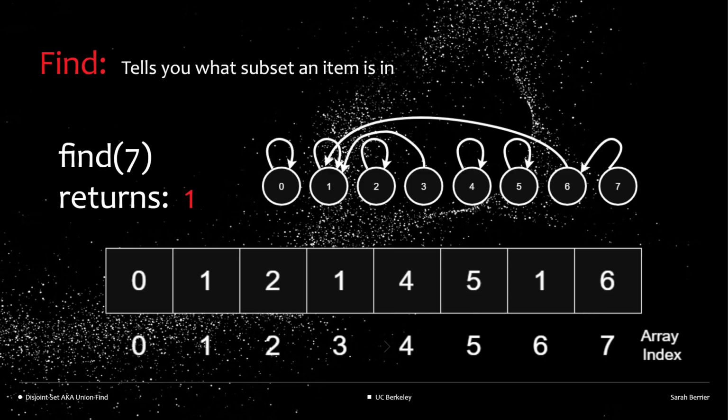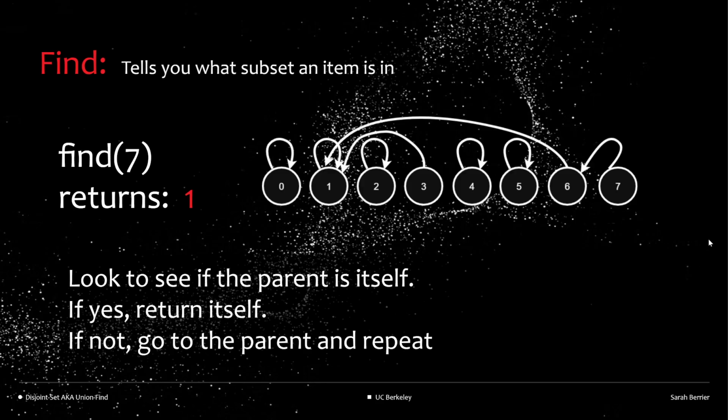So it's going to look and see, am I my own parent? If yes, then you return, but otherwise you go up a level and repeat. So 7 says, am I my own parent? No. Let me go to 6. Am I my own parent? No. Let me go to 1. Am I my own parent? Yes, returns the 1.